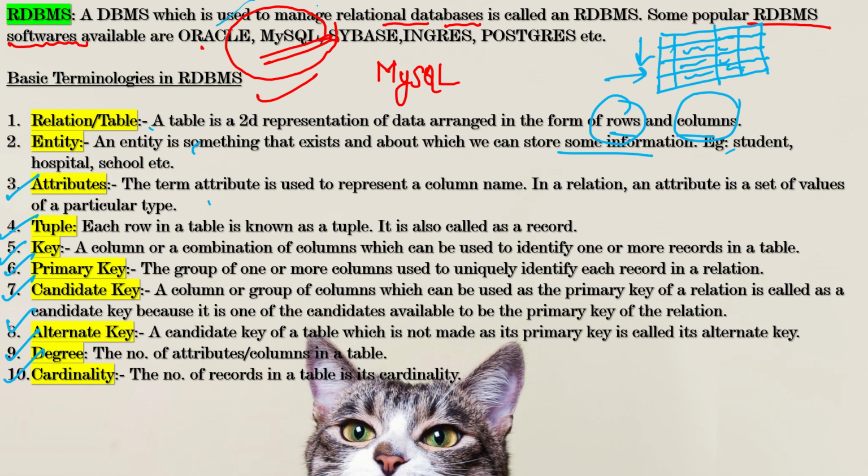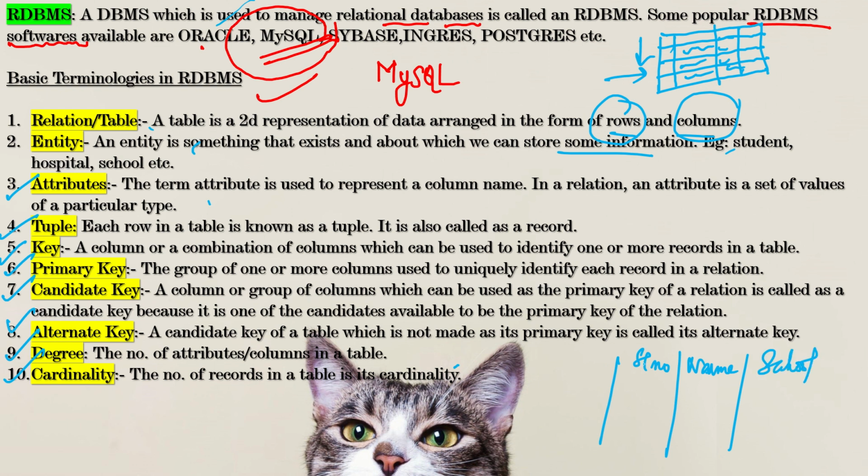The term attribute is used to represent a column name. In a table, an attribute is a set of values of a particular type. See, serial number, name, school.